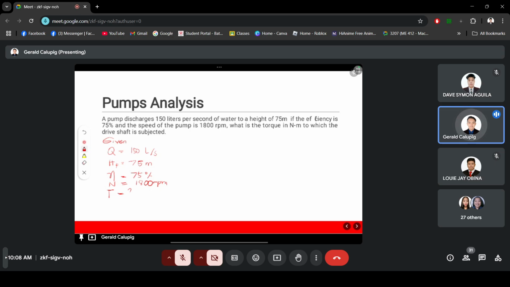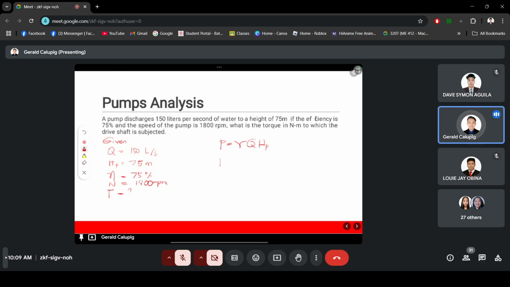Using the equation, we can have our hydraulic power, right? So we have P. P is equal to what? Specific weight times Q times H, or the total dynamic head, right?